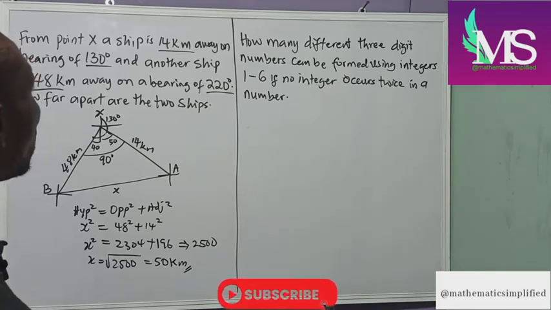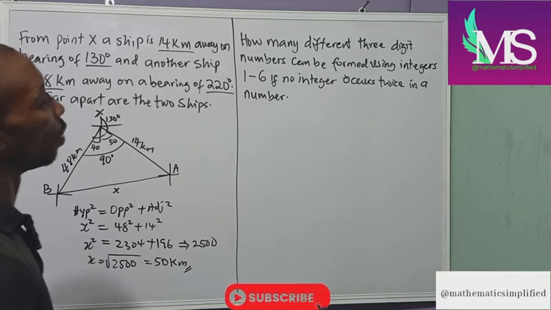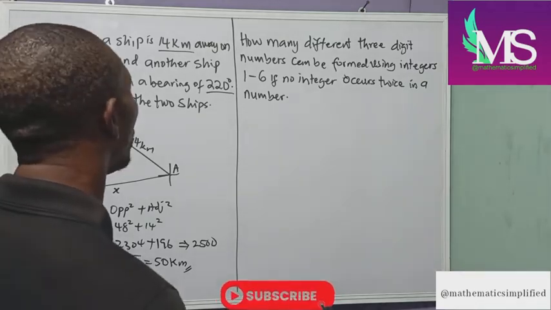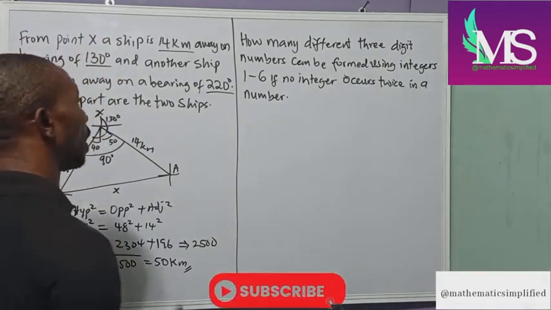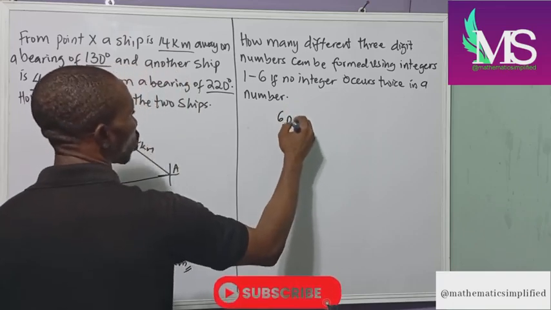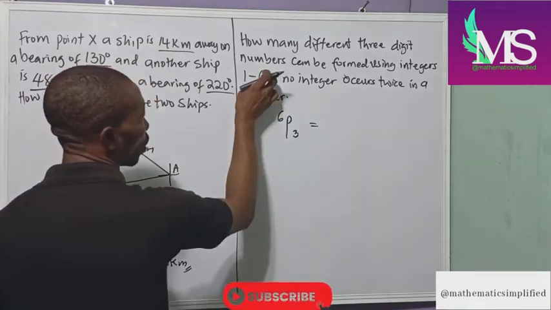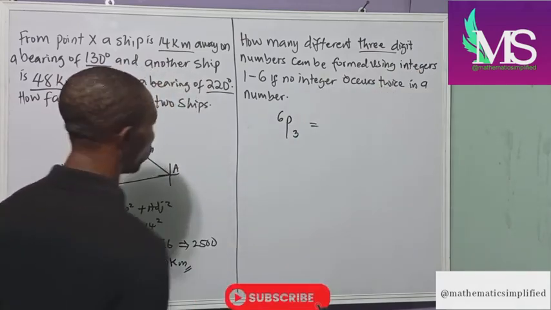Alright, the next one says, how many different three-digit numbers can be formed using integers between 1 to 6 if no integer occurs twice in a number? Now, this simply is 6 permutation 3. And in 6 permutation 3, since we have 6 numbers looking for 3 different digits, none is repeated.